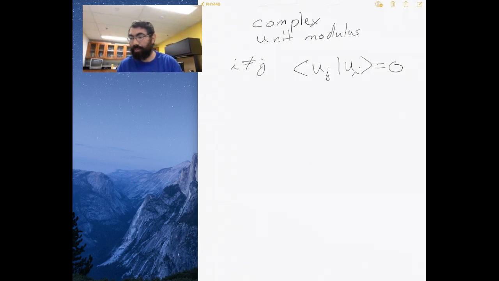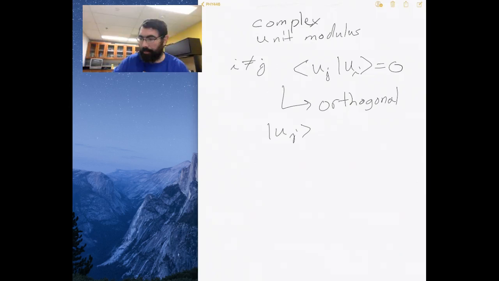What that tells us is that when we have these two vectors in two different bases, a basis i and a basis j, if i is not equal to j, then those two vectors are orthogonal. So this leads to the conclusion that our eigenvectors are going to be orthogonal to each other. u sub j is basically orthogonal, perpendicular, to u sub i.